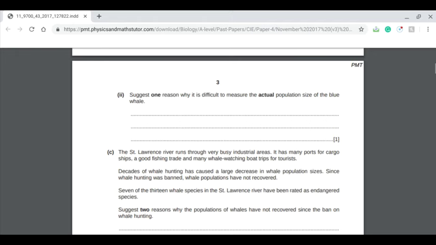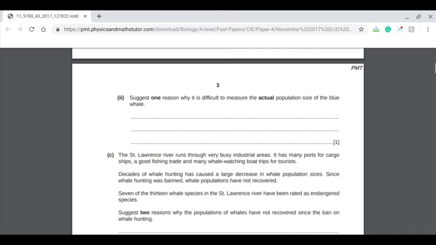So now this question is, suggest one reason why it is difficult to measure the actual population size of the blue whale. Well, pretty straightforward.